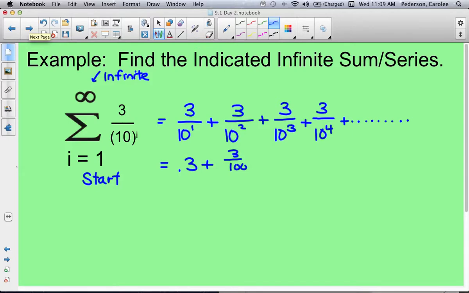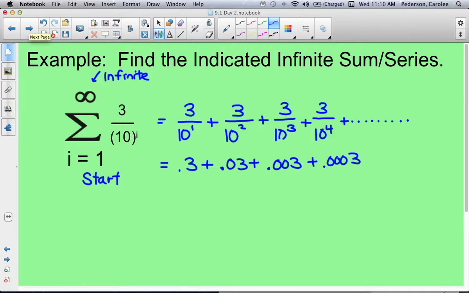So if you want to change that to 0.03, and then we have 3 over 1,000, and 3 over 1,000 is 0.003, so I'll just erase this as 0.003, and you're going to start to notice a pattern, 0.0003.